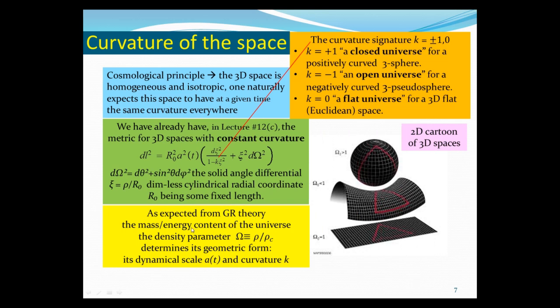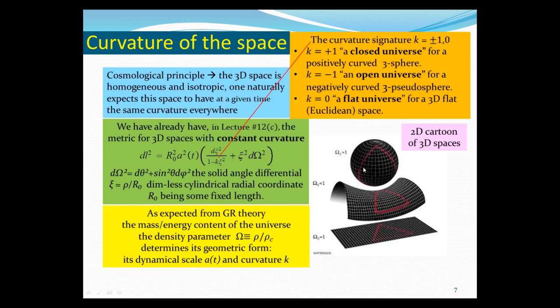In GR theory, the mass energy content of the universe determines, for example, the density parameter omega, which is density over critical density, which determines the geometric form, which determines the scale factor A and the curvature signature k. Now, this omega here is the solid angle, and this omega here is the density parameter. So, for example, we draw 2D cartoons of this 3D space.